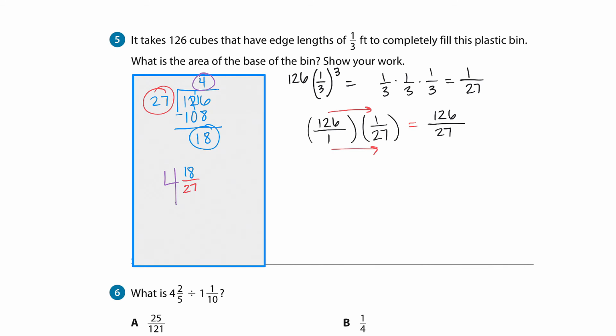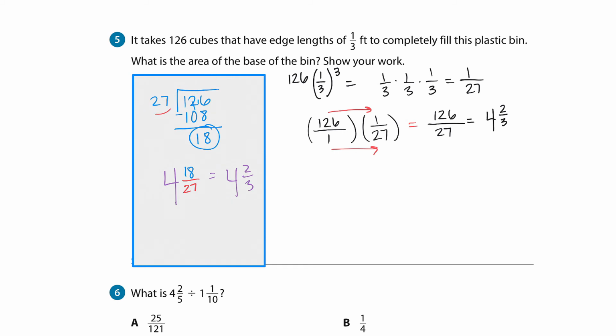Okay, so 18/27 can be reduced. 9 can go into both of those numbers. 9 can go in twice into 18 and 3 times into 27. So it's actually 4 2/3. Okay, so over here, we know the volume of that whole entire shape is 4 2/3.